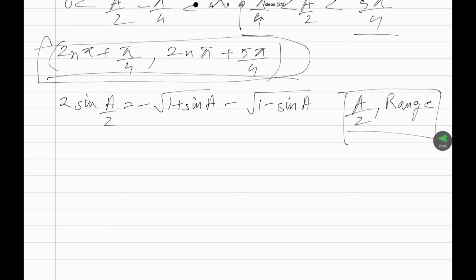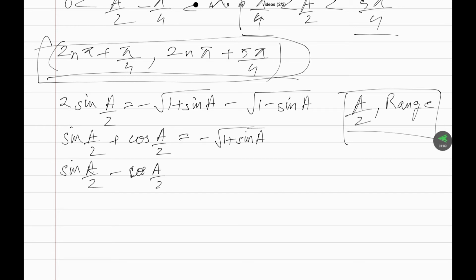From the previous formula, if we remember, sine A/2 plus cosine A/2 must be minus of square root of 1 plus sine A, and the negative one, sine A/2 minus cosine A/2, will be minus the square root of 1 minus sine A.